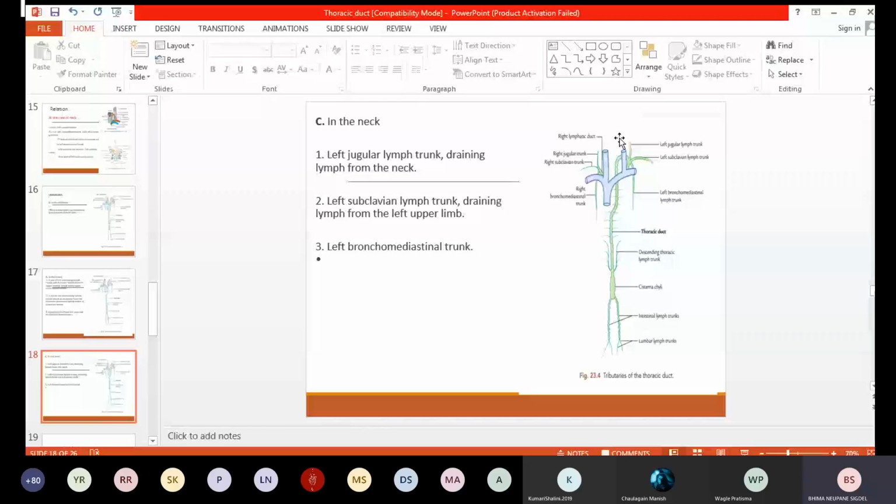Around that area you will get the jugular lymph trunk, and around the subclavian vein you will get the left subclavian lymph trunk, and the bronchomediastinal trunk, which lies between the bronchial and the mediastinal regions.